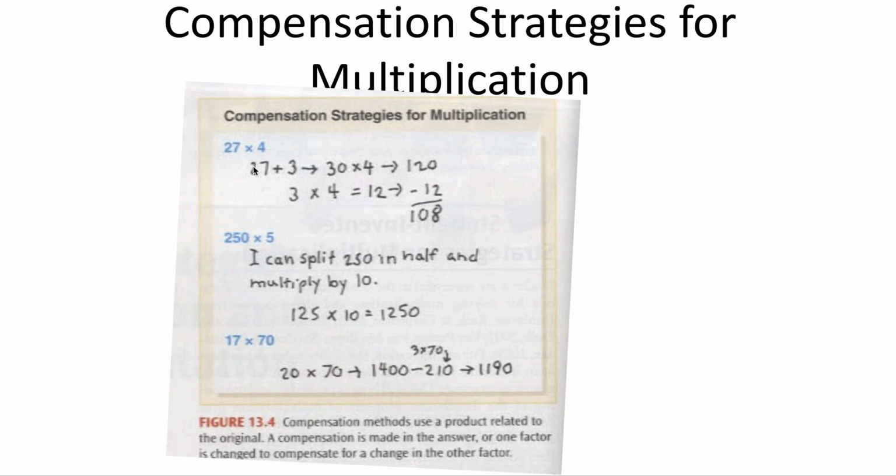So instead of multiplying 27 by 4, he did 30 times 4 and got 120. But he knew that he added 3 to it, so he needs to subtract 3, right? So he subtracted 12 right here and got 108 by taking away 12 from 120.